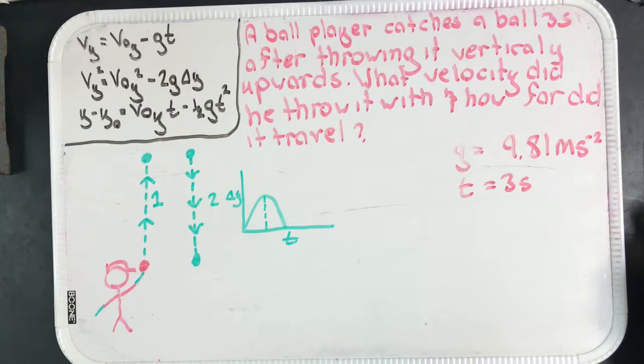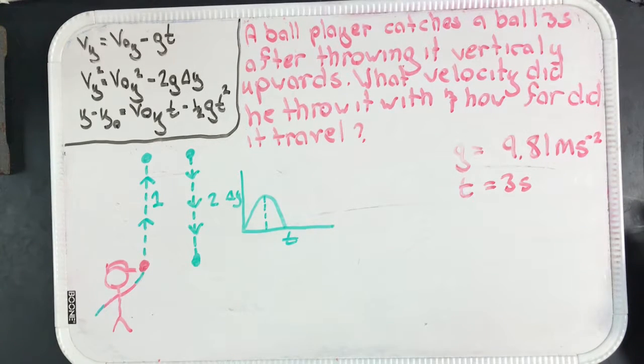It's traveling upwards with some positive velocity, and as it goes higher and higher, as it slows down, its velocity is becoming smaller and smaller, and then it hits 0 when it stops moving, because at this point the ball is changing direction. Now when the ball is coming down, it starts to speed up. However, the velocity is now negative because of our coordinate axis.